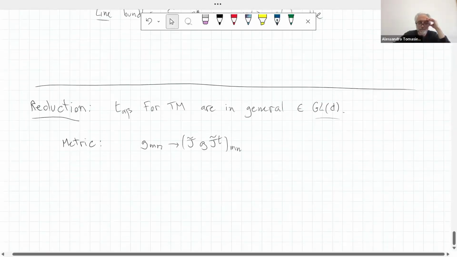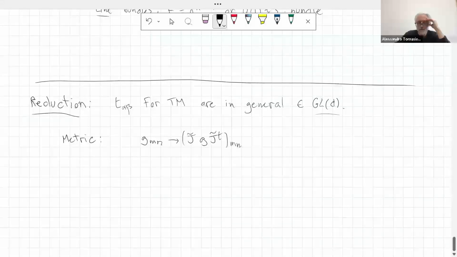But well, remember, J is the Jacobian, and this is the general transformation law.